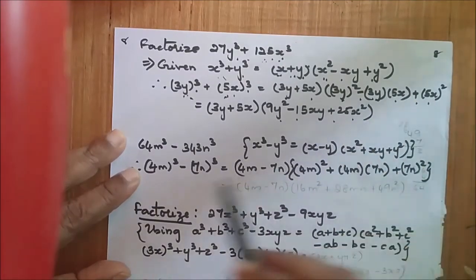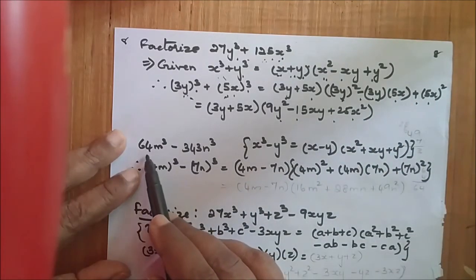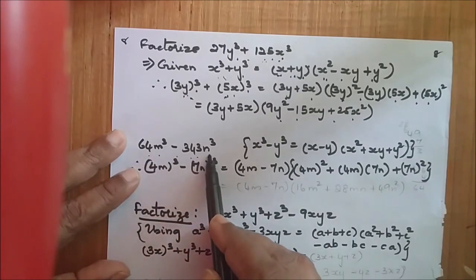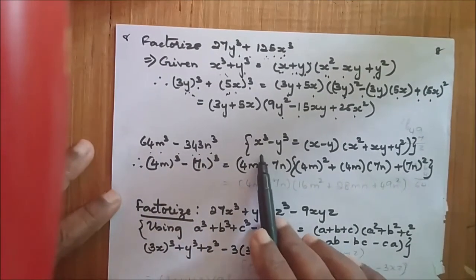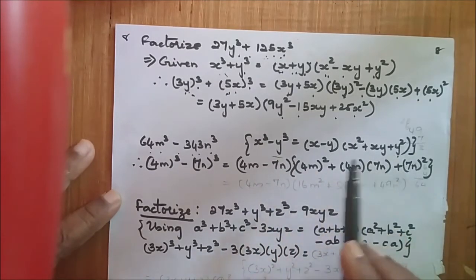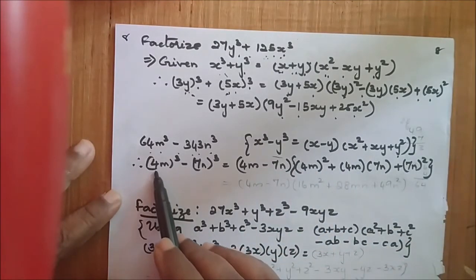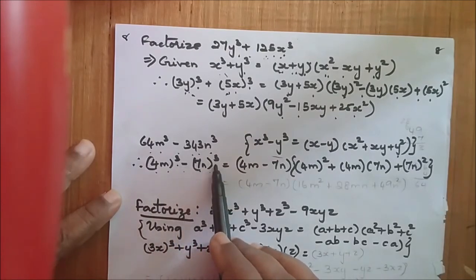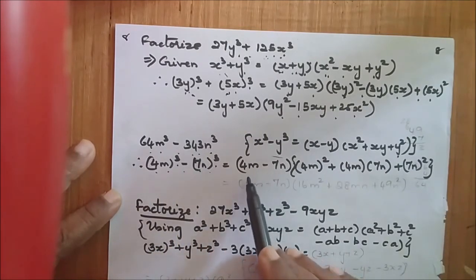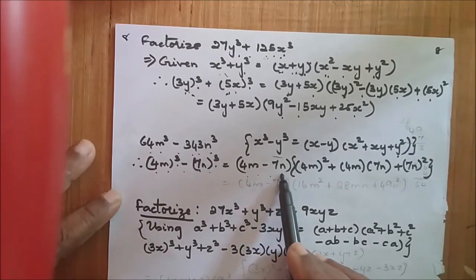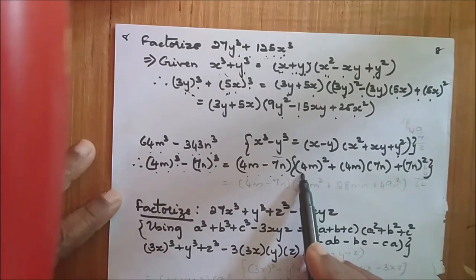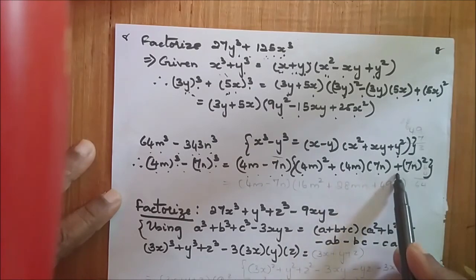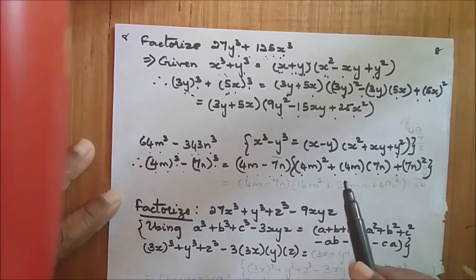I hope you get it. Similarly, we make use of the same identity for 64m cubed minus 343n cubed. Here what is my x? It is 4m the whole cubed minus 7n the whole cubed. This is nothing but 4m minus 7n into 4m squared plus 4m into 7n plus 7n the whole squared.